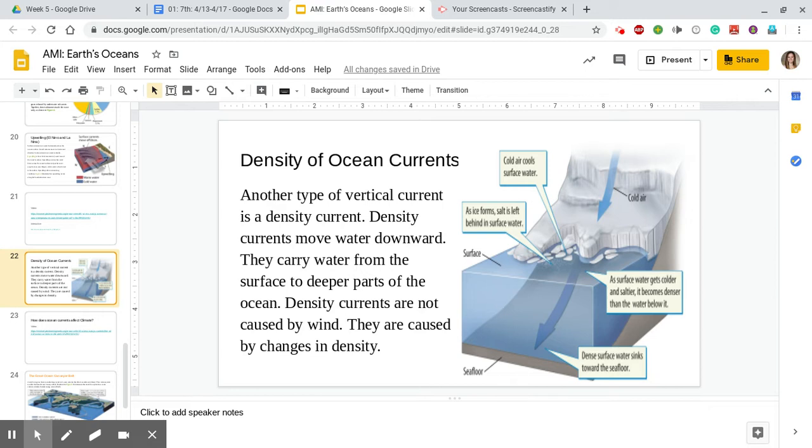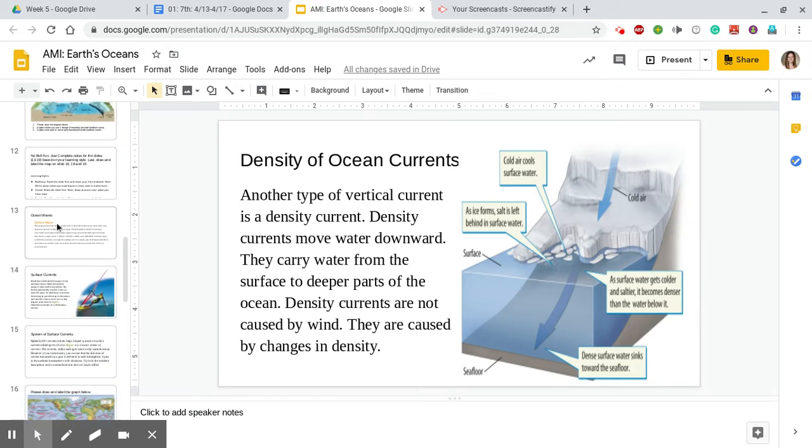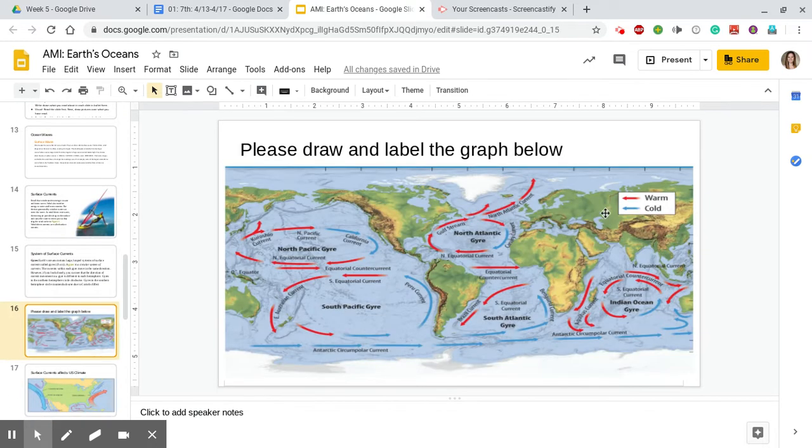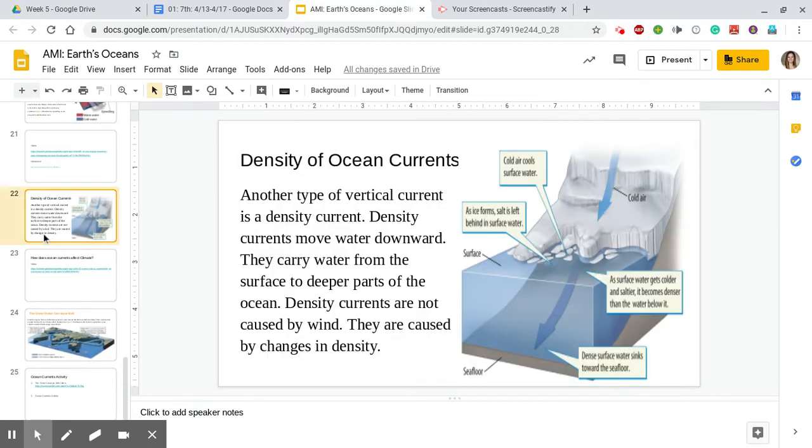And so, what's happening is this occurs in the Arctic Ocean and it also occurs in the Southern Ocean. Okay. And so what happens is as these ocean waters start to freeze and turn into ice, the water freezes, but the salt is left behind.